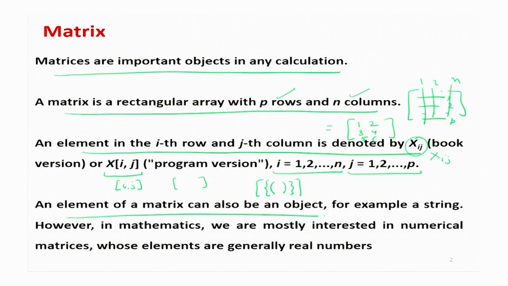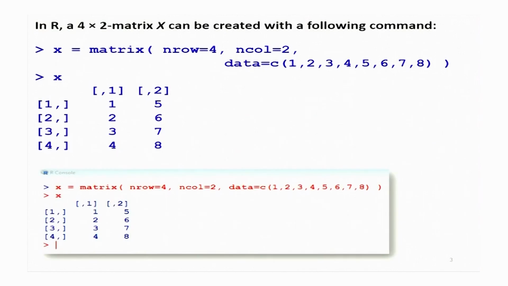Now, if you try to understand the matrix in a broader way, then the element of a matrix can be an object, for example a string also. But in mathematics we are mostly interested in matrices which have numerical values, real numbers. So the first question is, how can you create a matrix in the R software? Whenever we want to create a matrix, there are three ingredients needed.